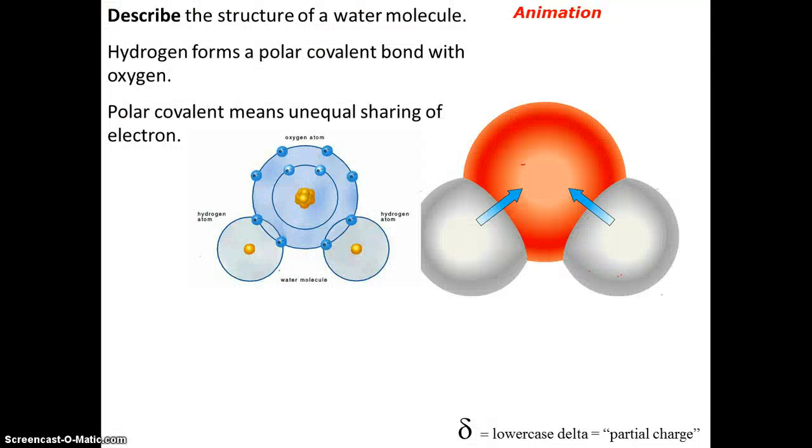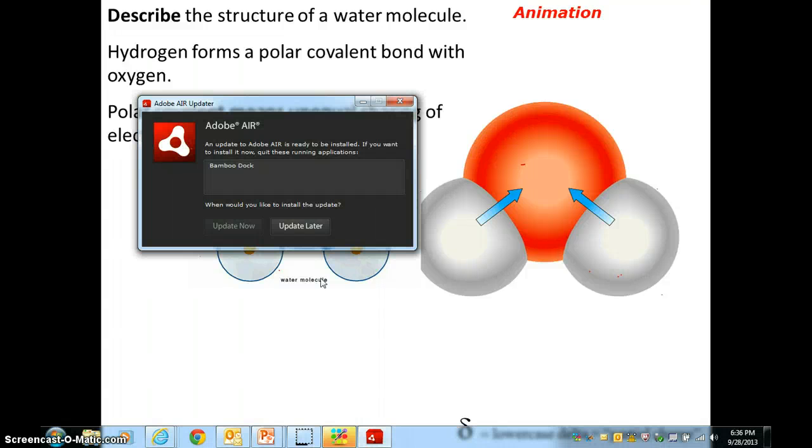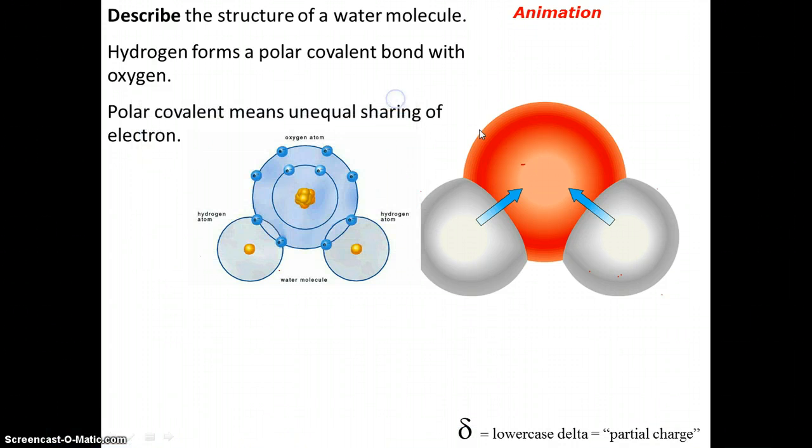Now, when you look at the structure of water, it's composed of 2 hydrogens and 1 oxygen. This orange ball in the middle represents an oxygen and 2 hydrogens. Hydrogen and oxygen form a polar covalent bond. They share 2 electrons, because oxygen needs 2 more electrons to complete its outermost shell.